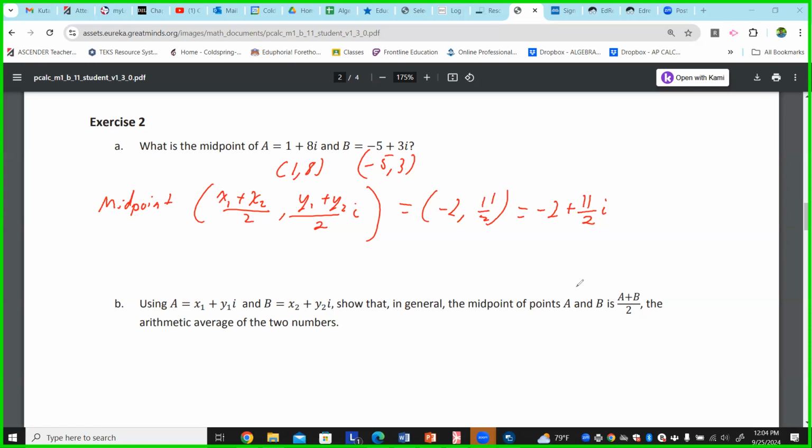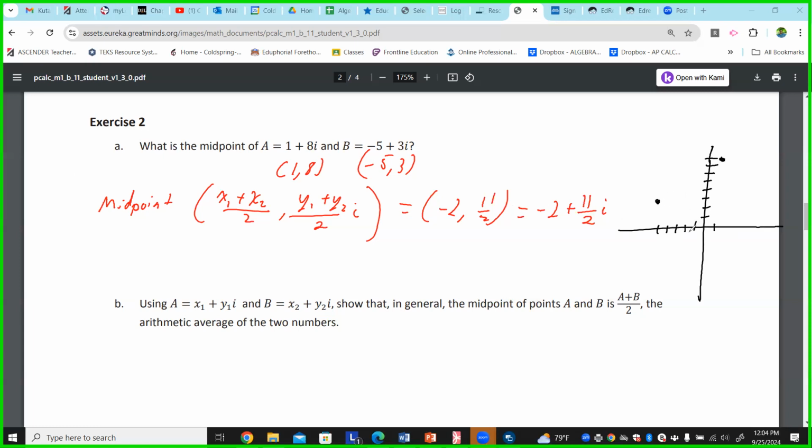Questions? If we were to graph this, you can actually see it as well. So let me try to do my best drawing. If I graphed 1, 8, that's 1, then 1, 2, 3, 4, 5, 6, 7, 8. Here's my first point. Then for -5, 3, here's my second point.